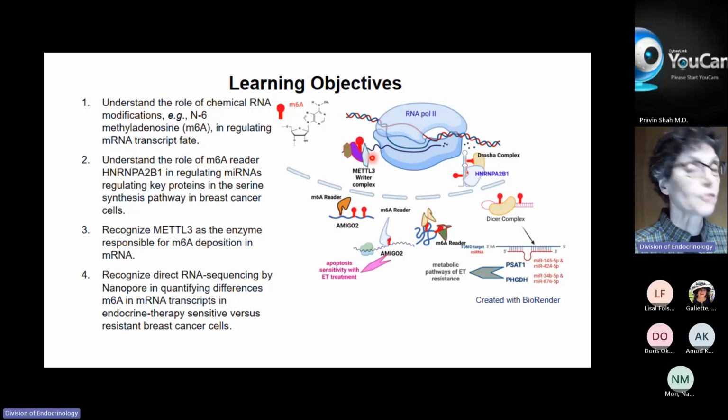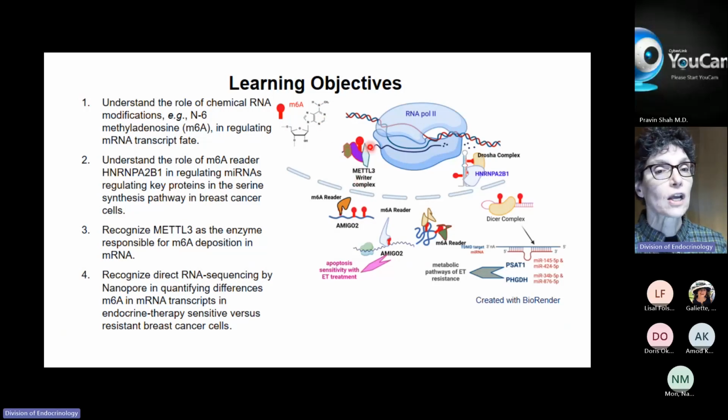METTL3 is the methyltransferase that takes the methyl group from S-adenosylmethionine and places it on the N6 of adenosine. And this occurs on transcribing RNA, so it actually happens co-transcriptionally as the RNA is exiting from the RNA polymerase, but it also occurs on primary microRNA transcripts.